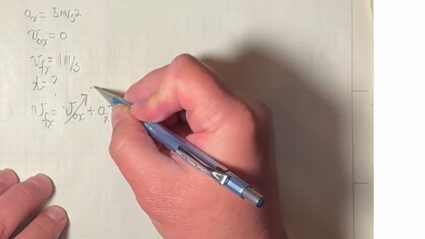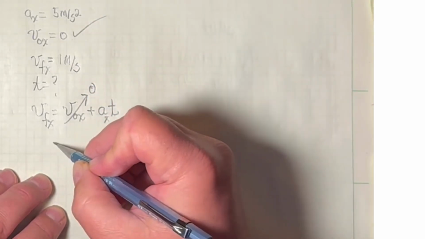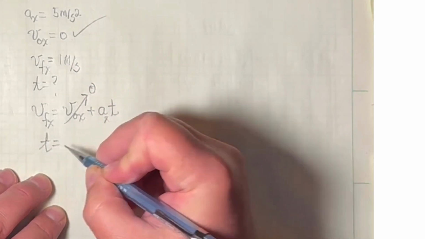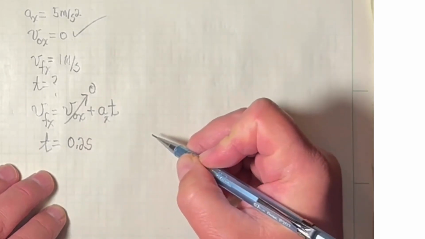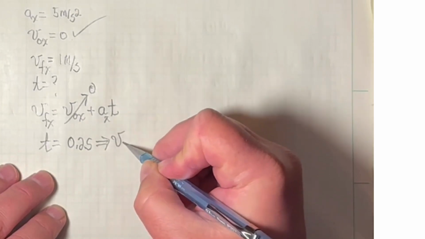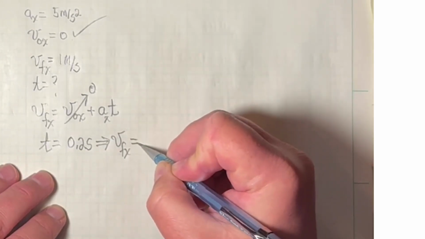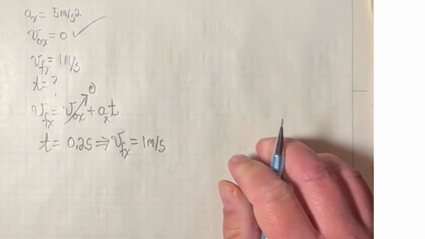V0x is 0. So we can see that if t is equal to 0.2 seconds, that implies that the final velocity, v final of x, is equal to 1 meter per second. Okay, well that's cool. In 0.2 seconds, how far does it travel?